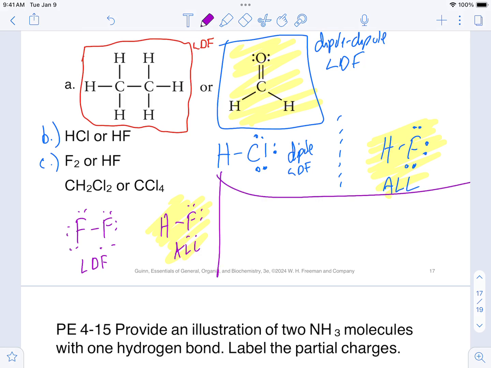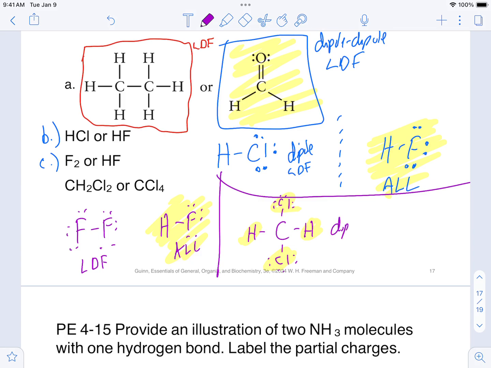And letter D here, CH2Cl2. We have two H's. We have two Cl's. That looks like a tetrahedral geometry here. Is that polar? That is polar because the guys on the outside here are not the same.